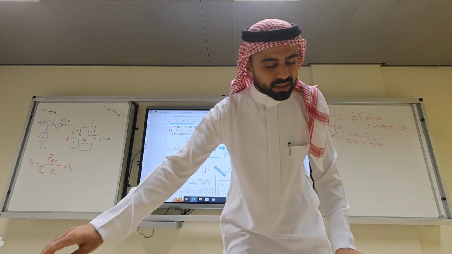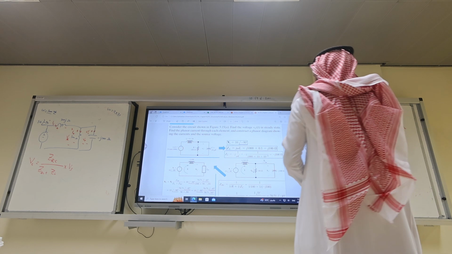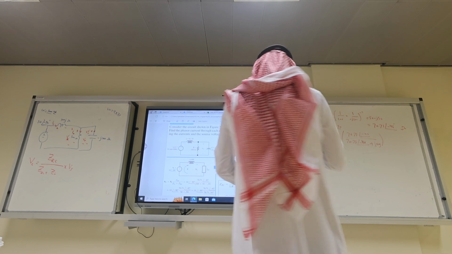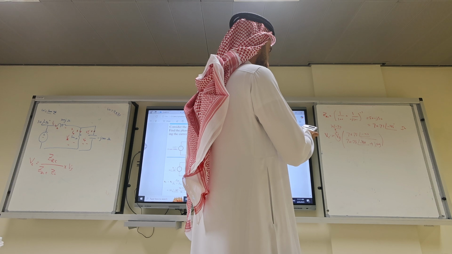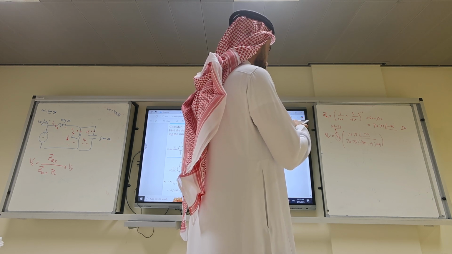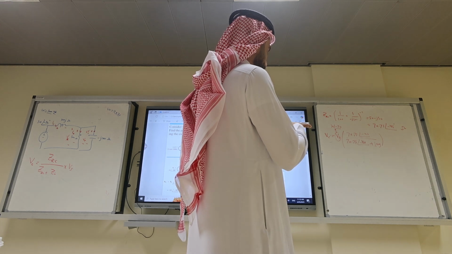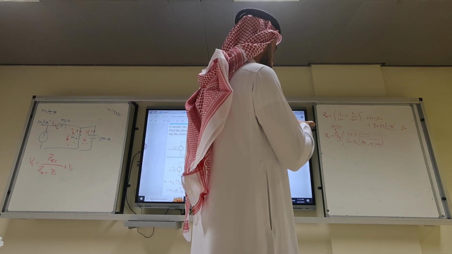And I always write it in phasor notation. I think it's what? 10 angle 180? No, I made a mistake. 10 angle minus 90 times 70.7 angle minus 45 over 70.7 angle minus 45. Yes. Minus 10.